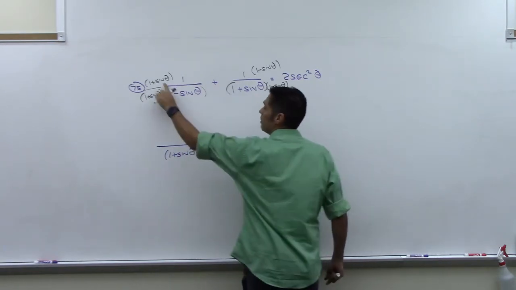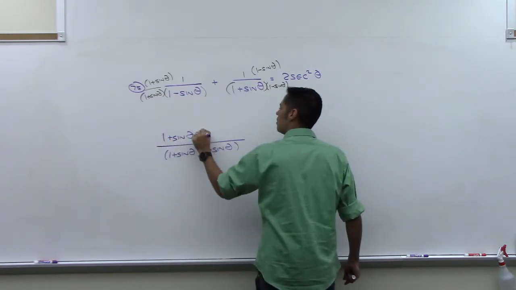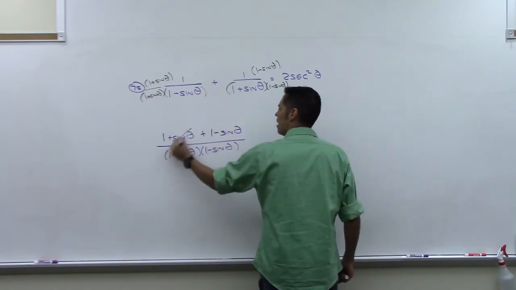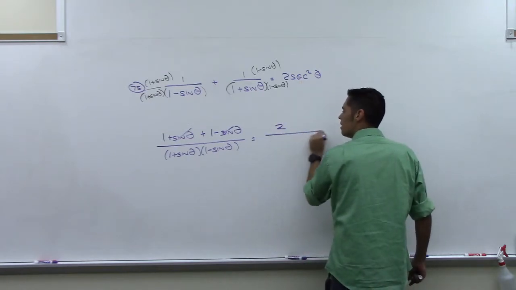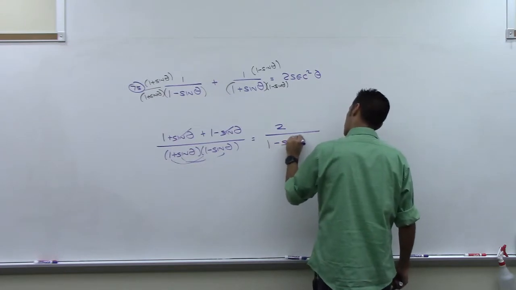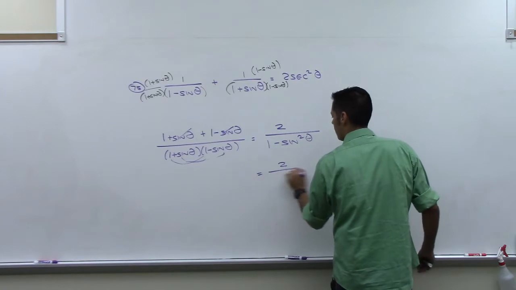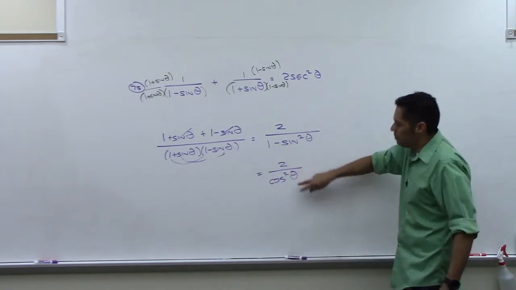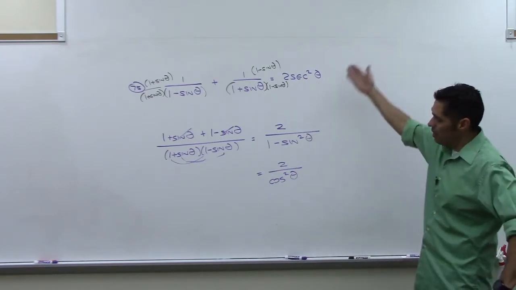Then my numerator is going to be this times 1, which is 1 plus sine theta, plus 1 times this, which is 1 minus sine theta. The sine thetas cancel, and you've got a 2. That's good, I've got a 2 over here. Then on the bottom, if you FOIL this out, you should get 1 minus sine squared theta, and that's cosine squared theta, Pythagorean identity. Then cosine squared theta on the bottom can come up as secant squared when you do the reciprocal function. So we are there.